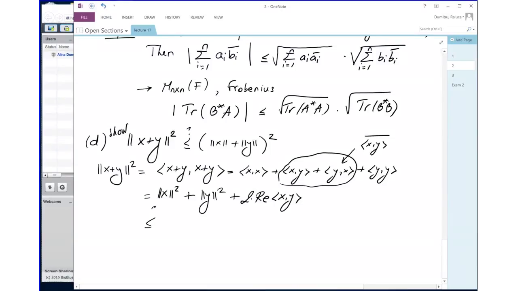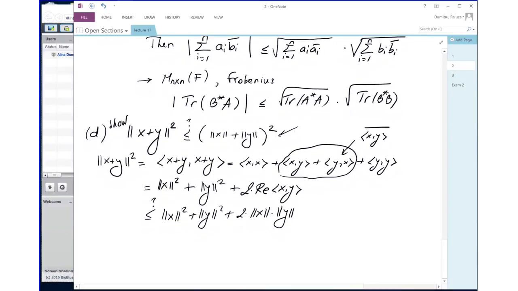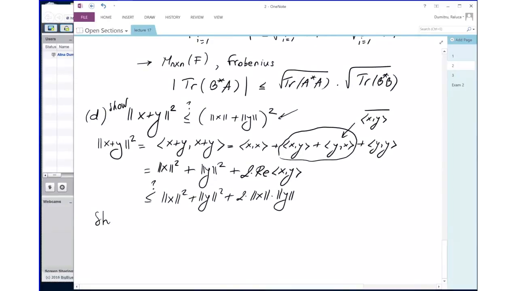Okay, so what do I need? I need to show that this is less than or equal to this guy here, right? And that is the norm of x squared plus the norm of y squared plus 2 times the norm of x times the norm of y. That's what I want, right? That means we want to show that the real part of this thing is less than or equal to the product between the norms of x and y.